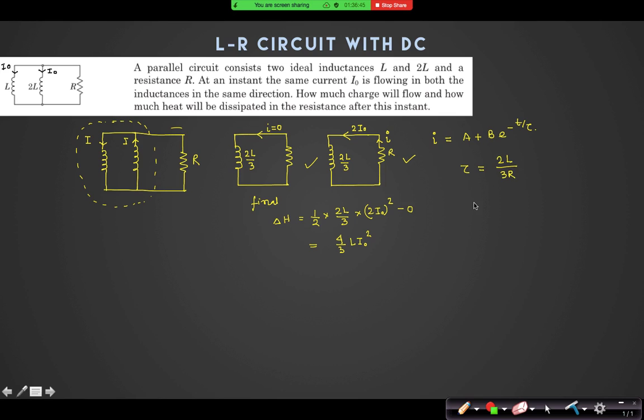Initially a plus b was the initial current, which is 2I naught. Can you see that? Initial current is 2I naught, and what is the final current? 0. Yes, at t equal to 0 it is a plus b, and at t equal to infinity the final current is 0. So what is the function of current? 2I naught into e power minus t by tau.